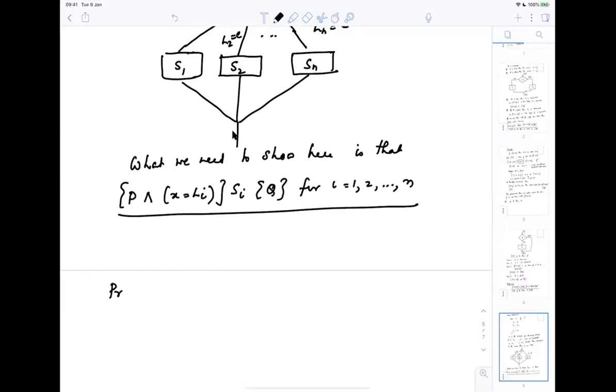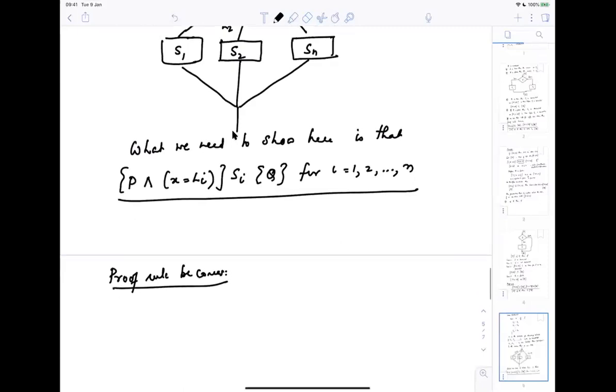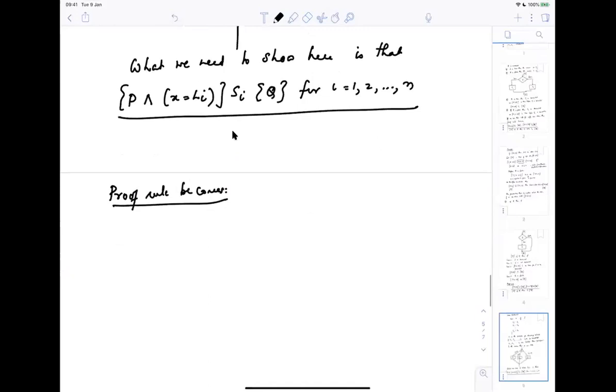becomes very similar to the composition rule that we had. P and X equal to Ki, which is essentially Li. So this is the input assertion, and this is the evaluation of the expression to one of the values of Li.